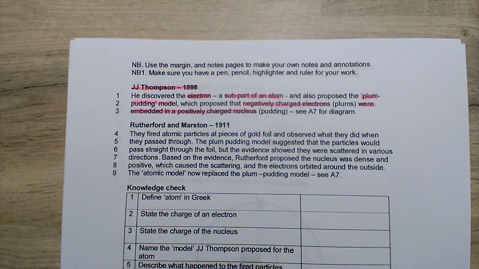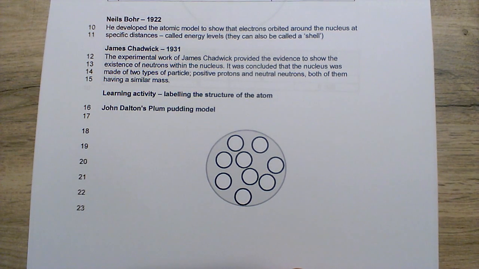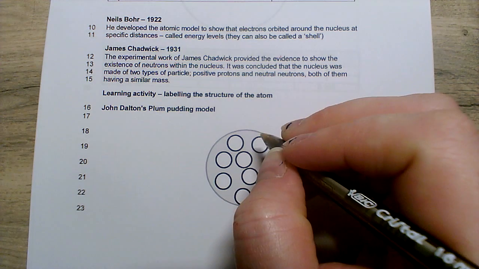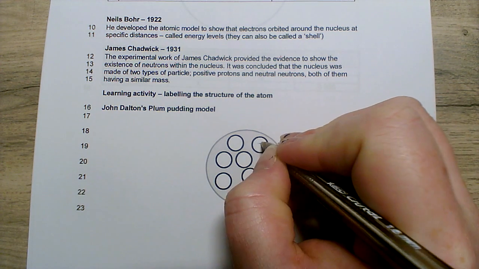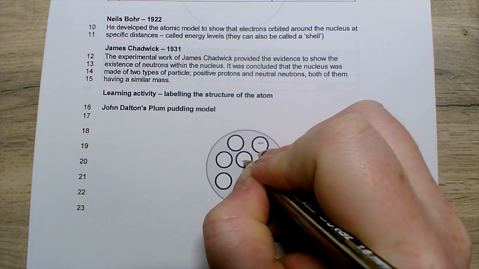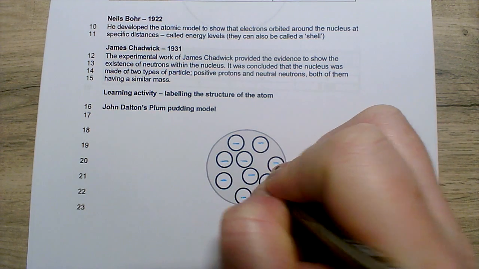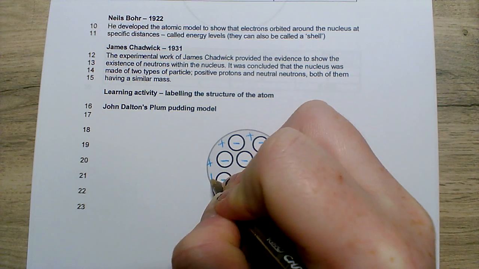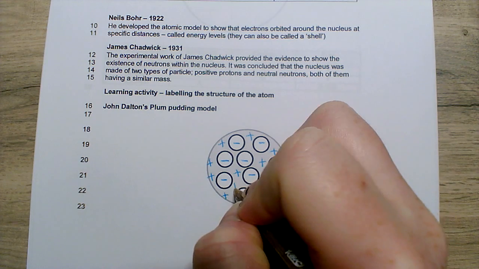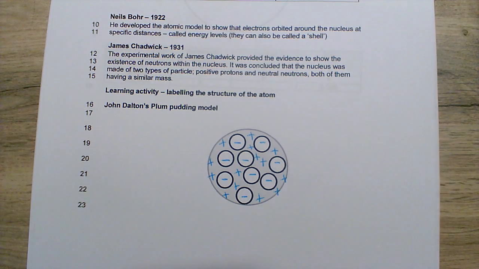So if you have a look at the bottom of the page, this is a rough diagram of the plum pudding model. These are the plums, and they are the negatively charged electrons, and they are encased in the pudding essentially, which was positively charged, or thought to be positively charged.